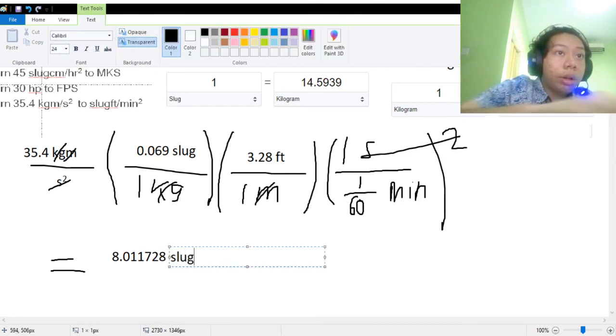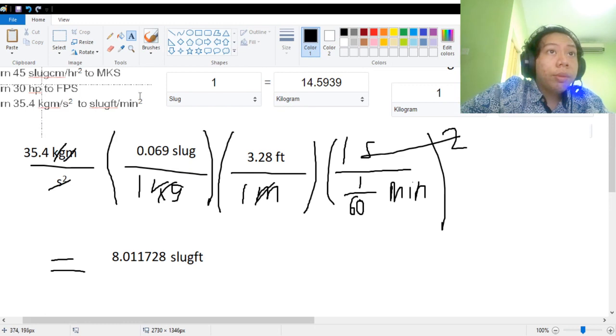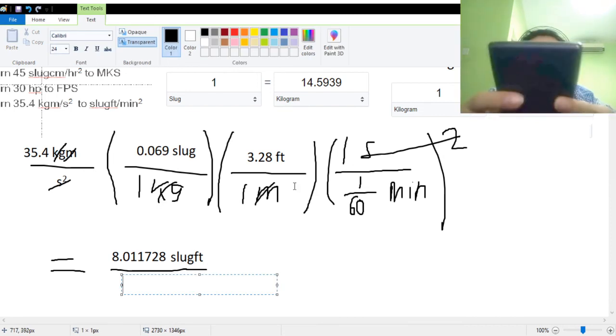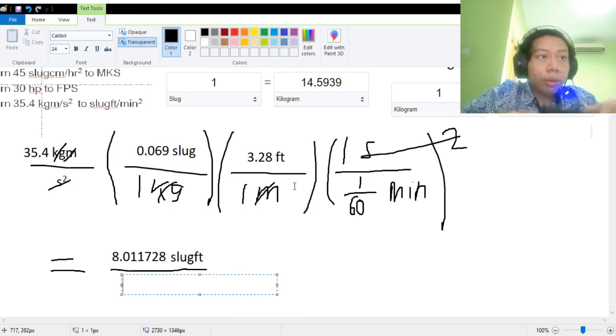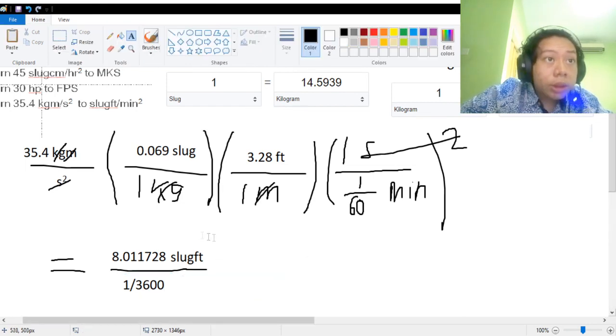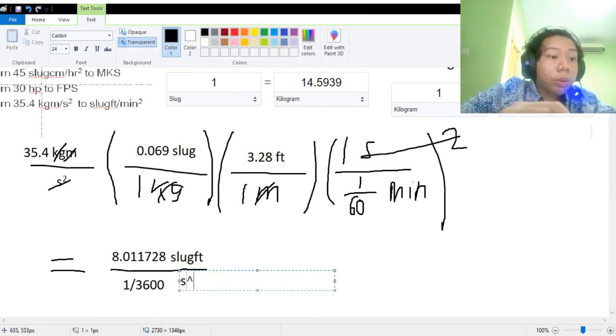Yeah, this is slug feet over 1 over 60 minutes. So it is 1 over 3,600 seconds squared.